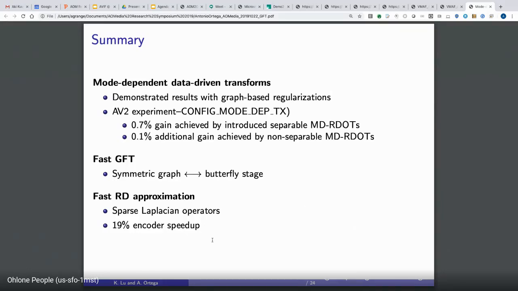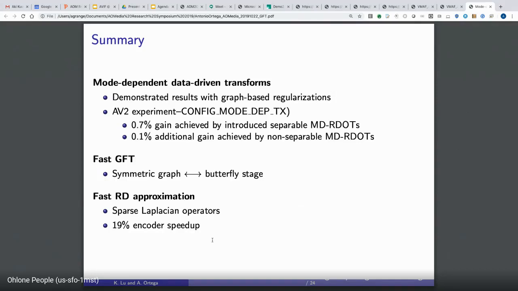I mean the encoder and decoder runtime. It just replaces one transform by another. Depending on the kinds of transforms you have, the computation of the transform is more expensive unless you have some symmetry. For the 0.7 gain achieved, is it using the fast transforms?